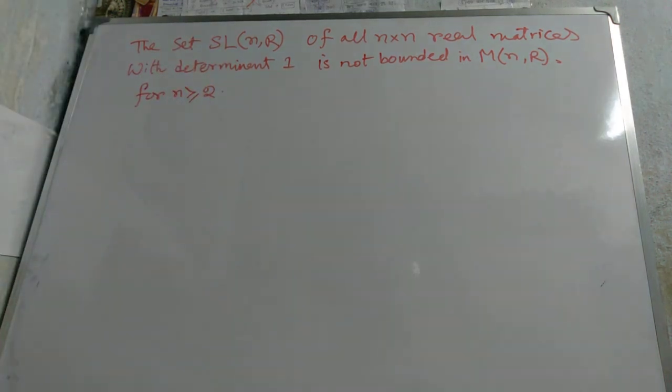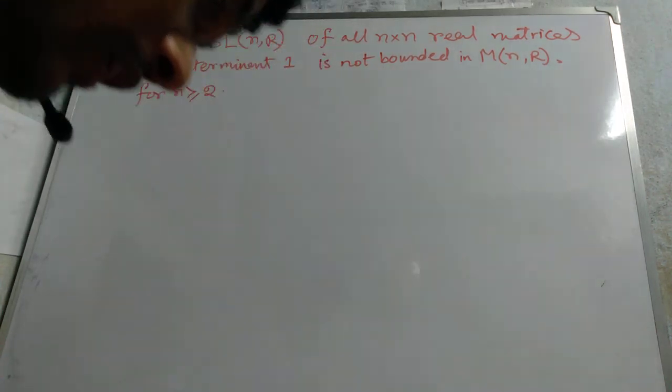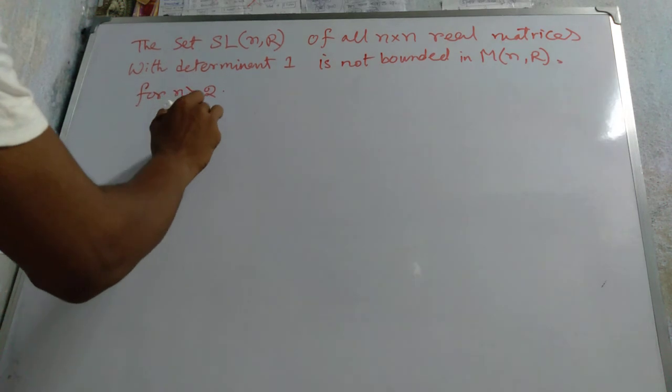Then what happens if we construct SL2(R)?